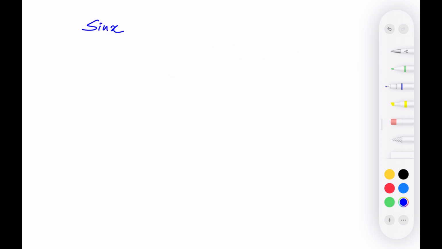Let's say I need to differentiate sine x with respect to x. We already know that the answer for this one is equal to cosine x.